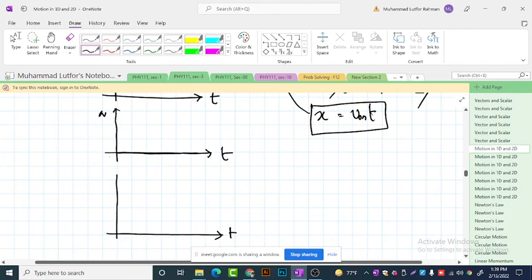So this is time, say that this is my x. What would be that displacement versus time graph? It would be a straight line. If I write my general equation, x equal to x naught plus v naught x t, say that x naught is 0, then I can write it as y equal to c plus mx.